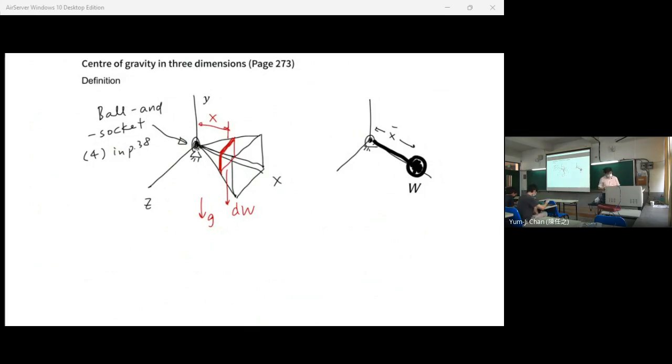The weight is W. And we have a ball and socket joint at the origin.